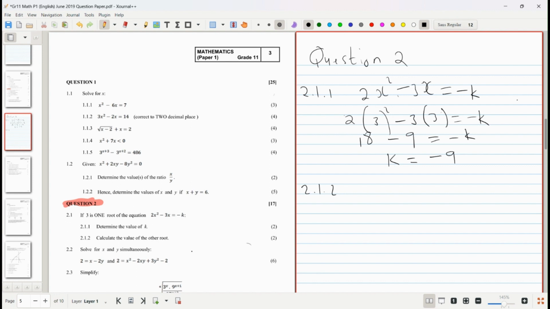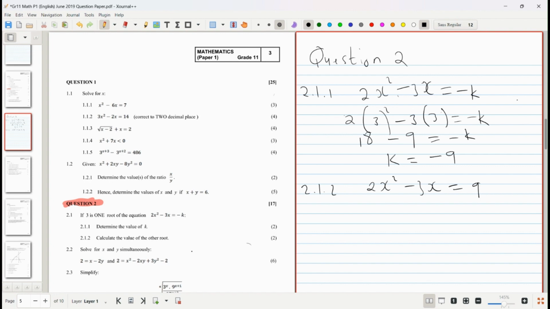We know the value of k, so we'll just copy this equation, minus 3x, and k is negative 9. When we substitute it here, it will be positive 9, because negative times negative is positive.